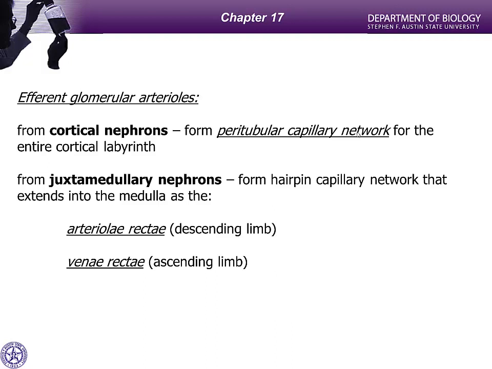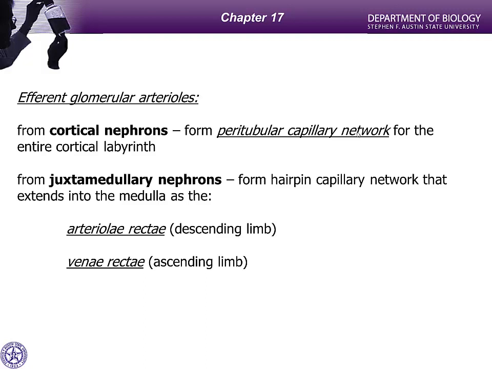And it's going to completely surround the tubules of the nephron, the collecting tubule, and a little bit of a complexity here, because your textbook and many places on the internet will often read that peritubular capillaries, as you see listed here, only are around the cortical nephrons, and that's not true.